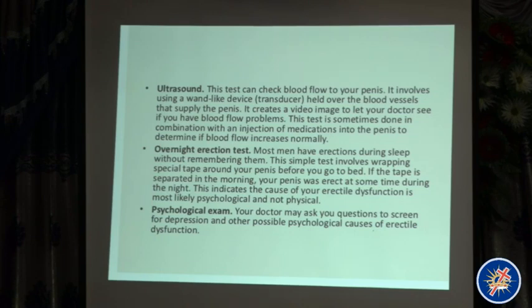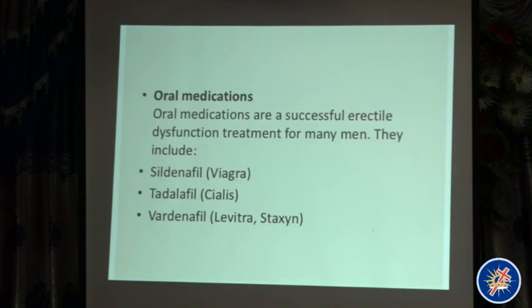How do we treat it? Oral medication, we give oral medications for that. Treatments include the Viagra that so many people know about. Another is a fairly new drug. It's called Cialis, and there is another one too.